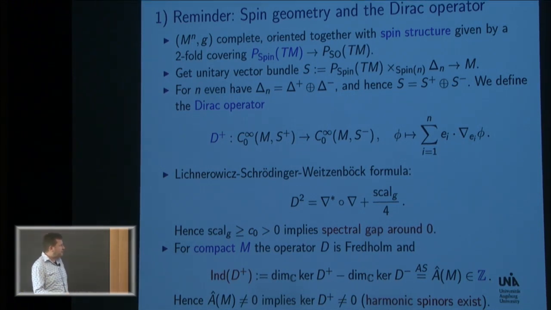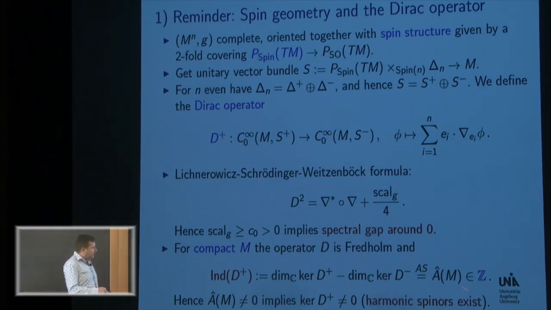Once we have this uniformly positive scalar curvature, we can derive from this formula a very important spectral property of the Dirac operator, namely because this is a uniformly positive term and this is a non-negative operator, we get a spectral gap around 0, which is quantitatively described by the number c_0. This is a very useful piece of information because spectral geometry tells us a lot about the geometry and also the topology of the underlying manifold. And so we have the resulting obstruction.